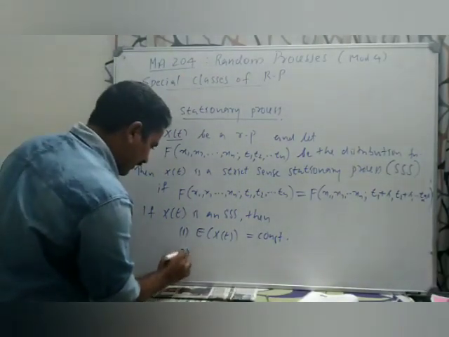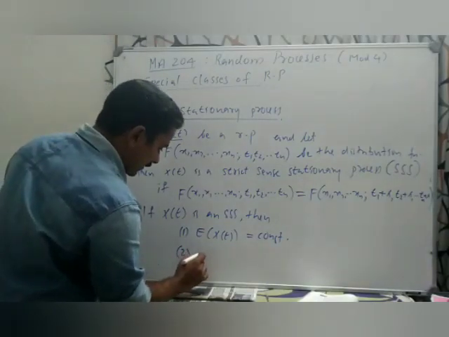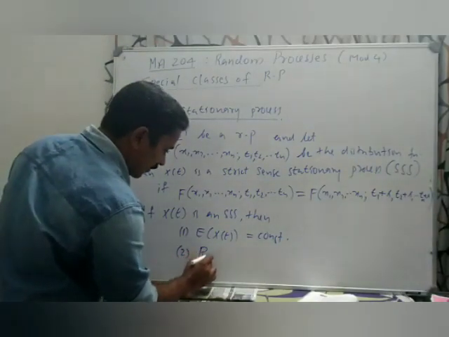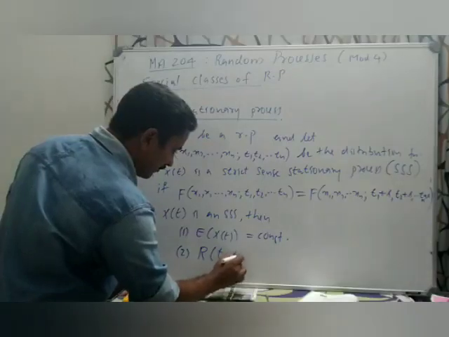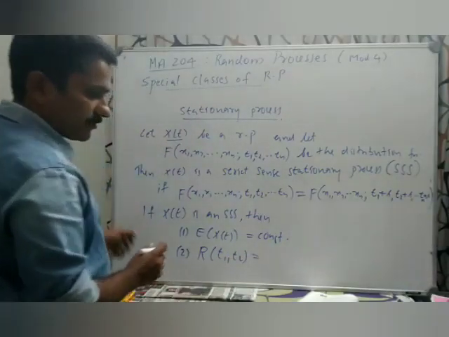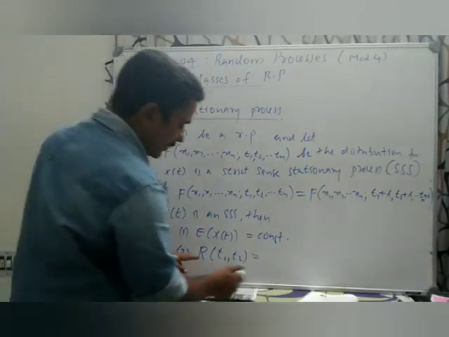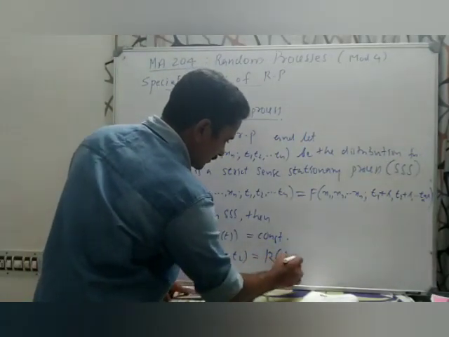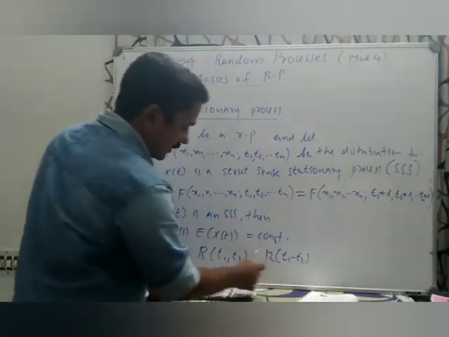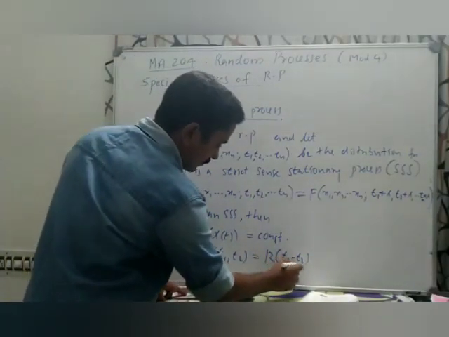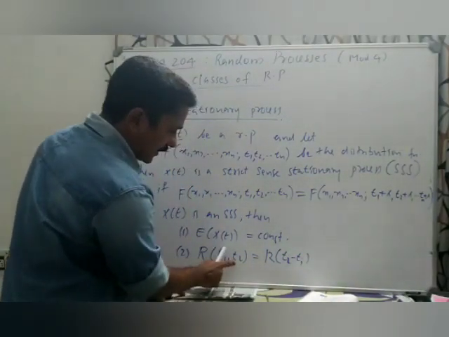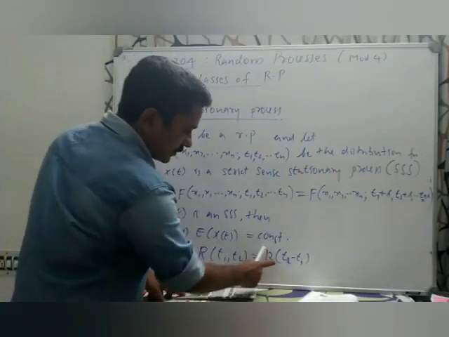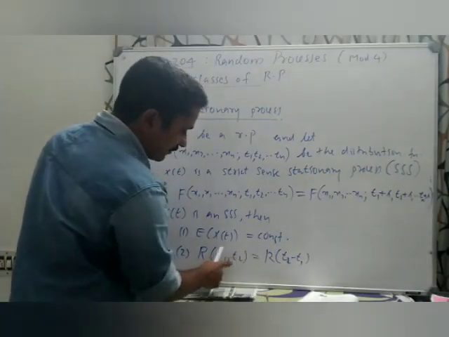And the second condition is about the autocorrelation R of t1 and t2. This will be a function of t2 minus t1, assuming that t2 is greater than t1. So this will be a function of the difference of these two times.